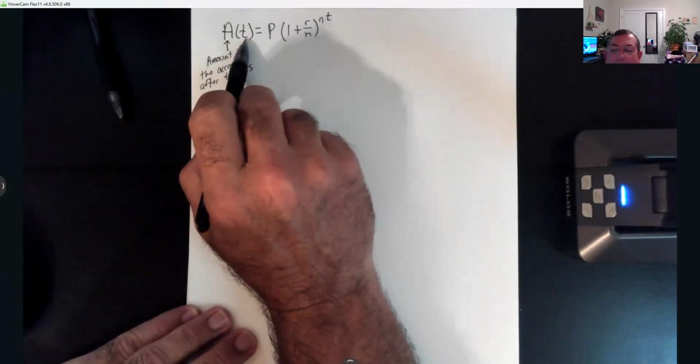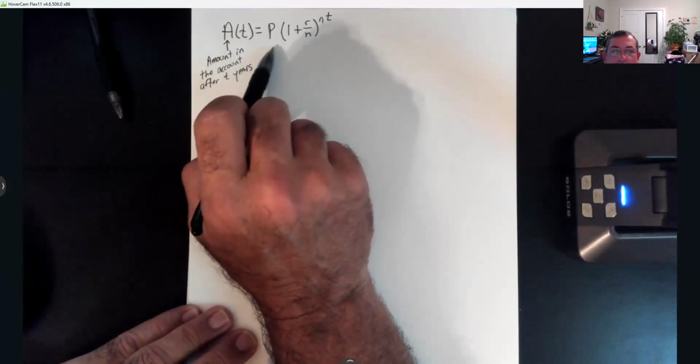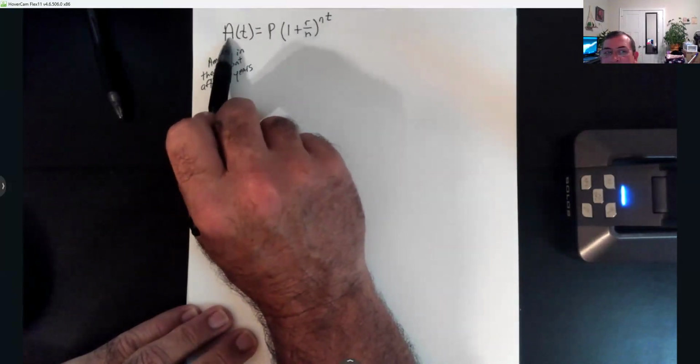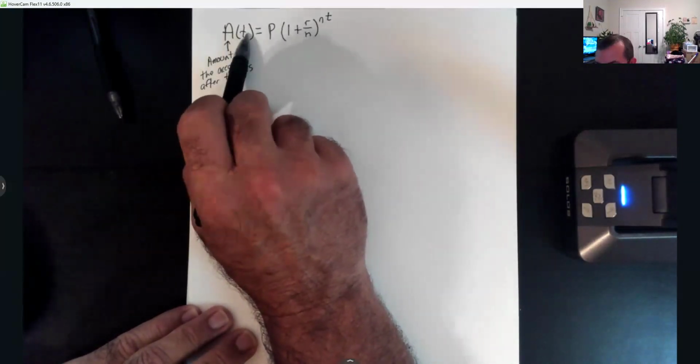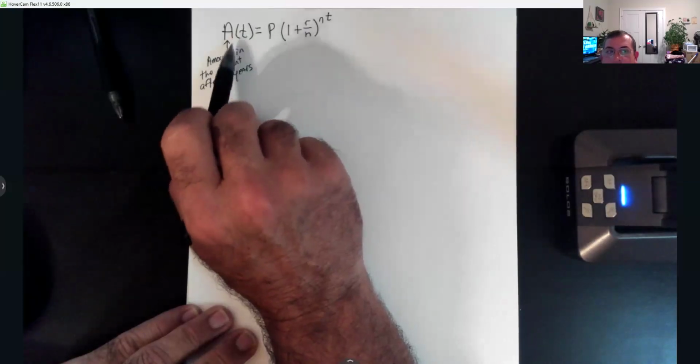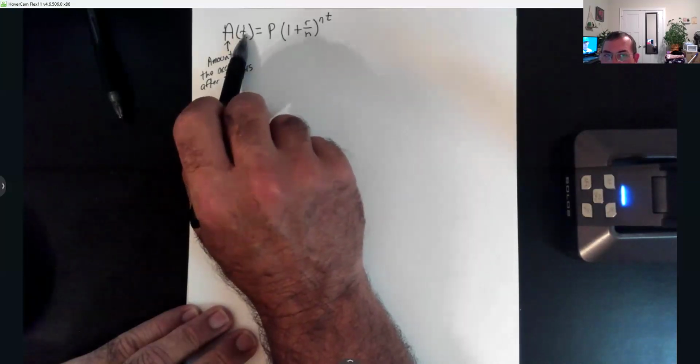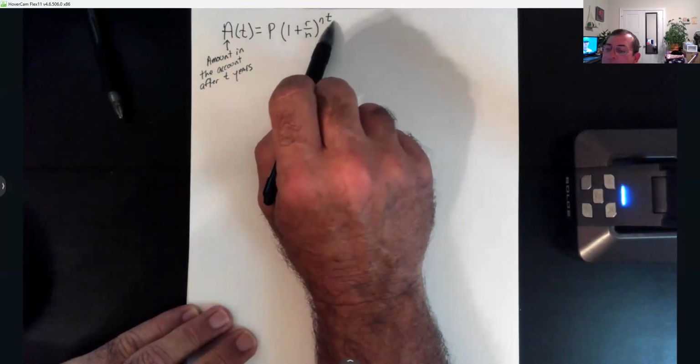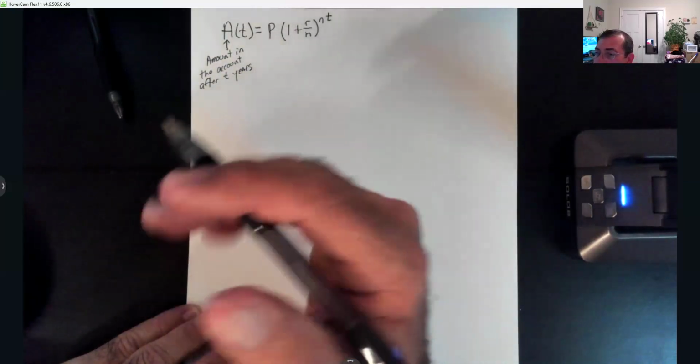So time is the variable basically on this equation. A is the amount of money that is in your account after so many years. Depending on what I put in for T, I can figure out what I'll have in 2 years, 3 years, 4 years, or so on.